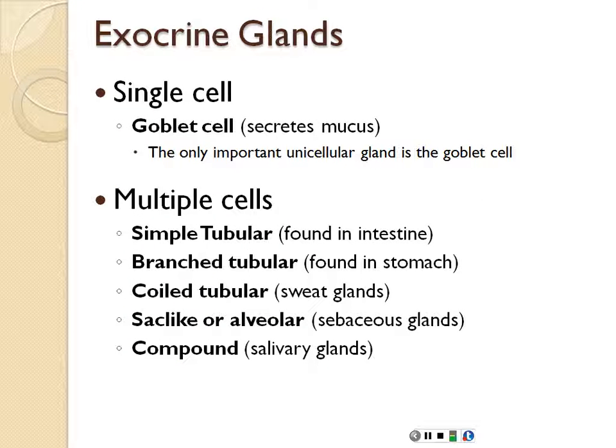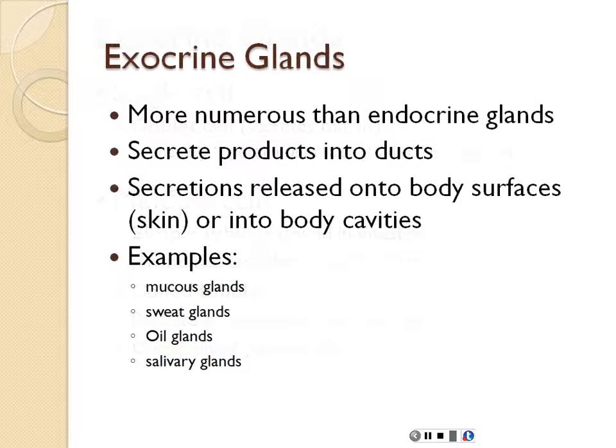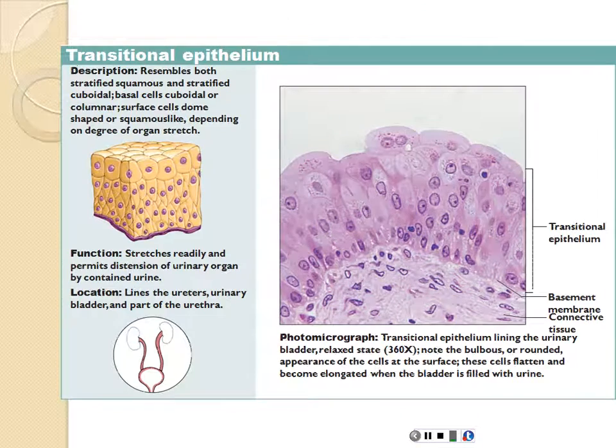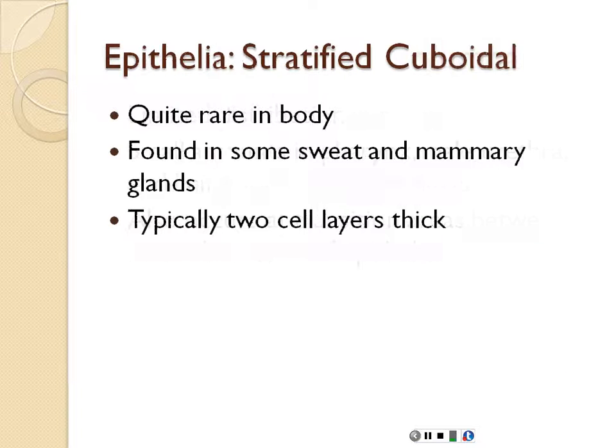And some exocrine glands are single cell, as we saw before. Those are called goblet cells. And goblet cells produce mucus. Okay? Mucus. I think when we looked at, I'm going to go back to that now, pseudostratified epithelium.